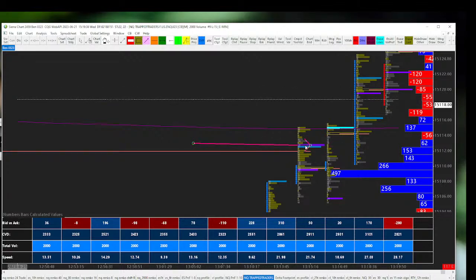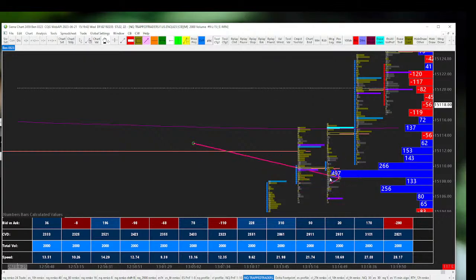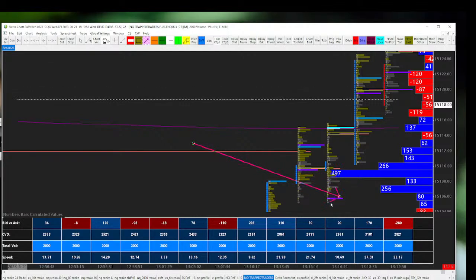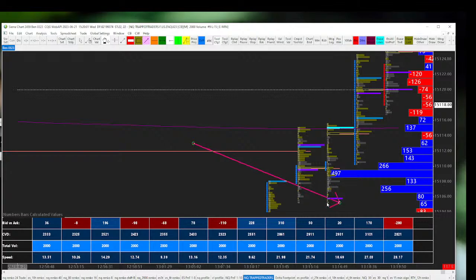And most likely, anybody who did get filled here on the sell, because down low here there's no sign of aggression. There's no increase as we go down. I guess there's this, that's probably a stop out of some kind, but there's not a lot of activity down here. You can see there's lots of prices where there's literal illiquidity, like 0 or 1, where price just flipped right through it.